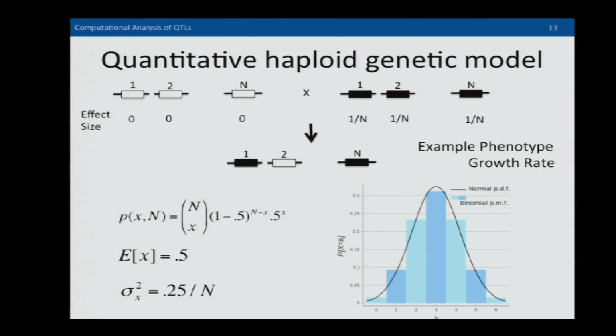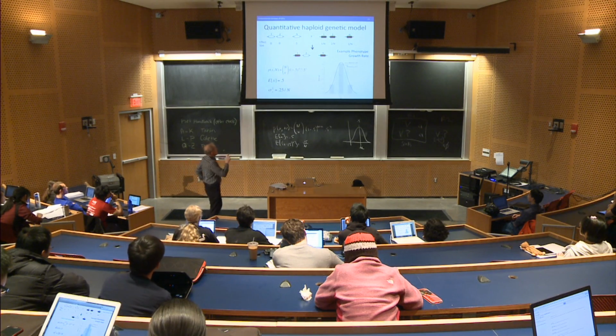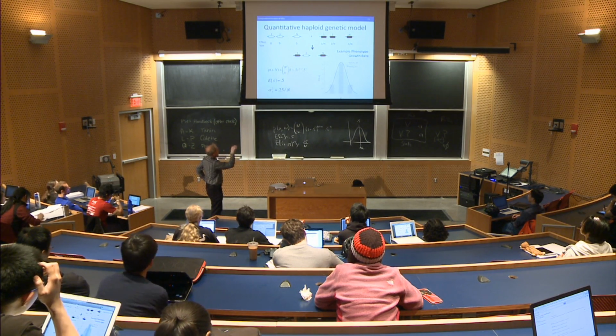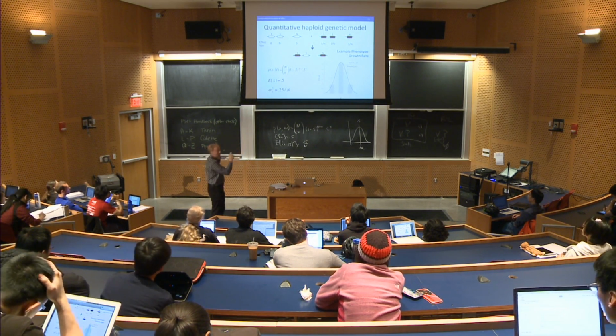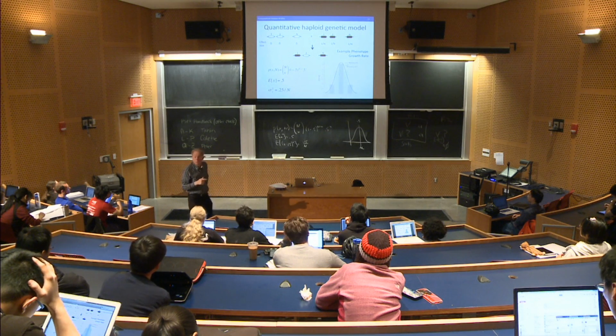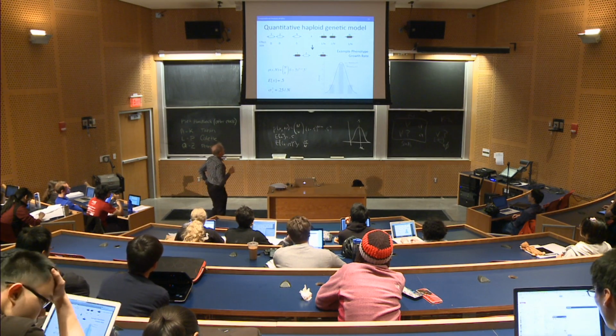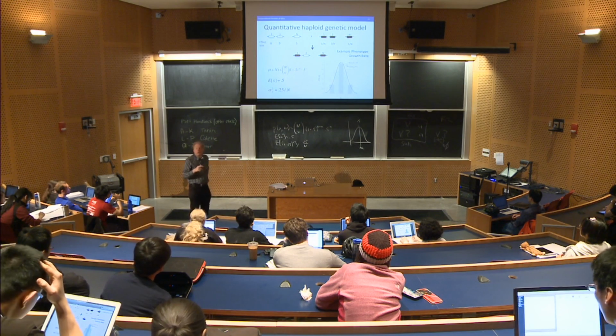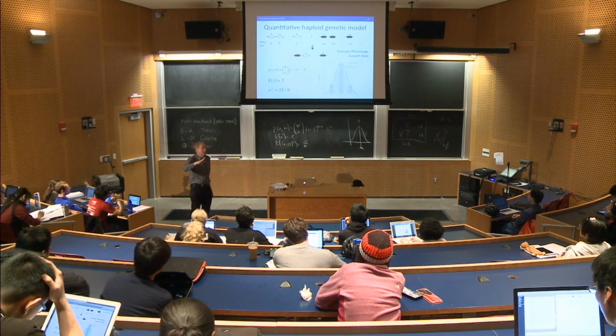Oh, sorry. It is supposed to be n over 2. But the last two expectations are the sum of the number of genes you've inherited from dad. Correct. That's correct. Yeah, the slide's wrong. Any other questions?